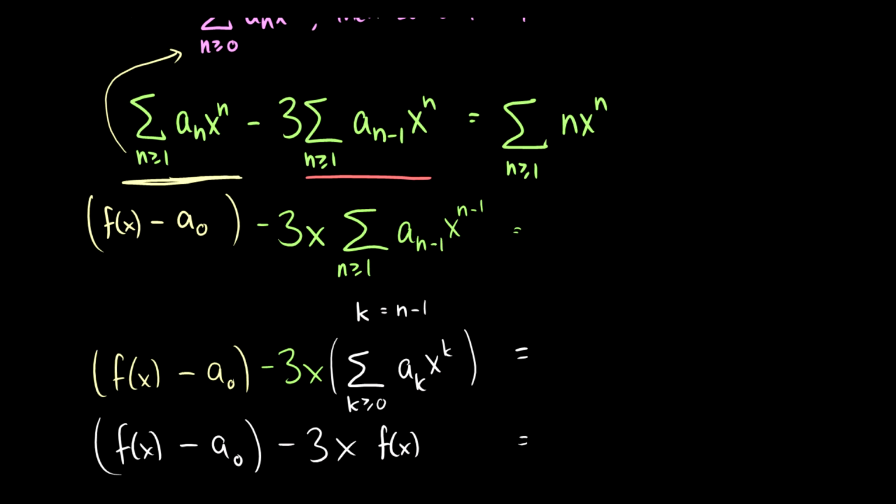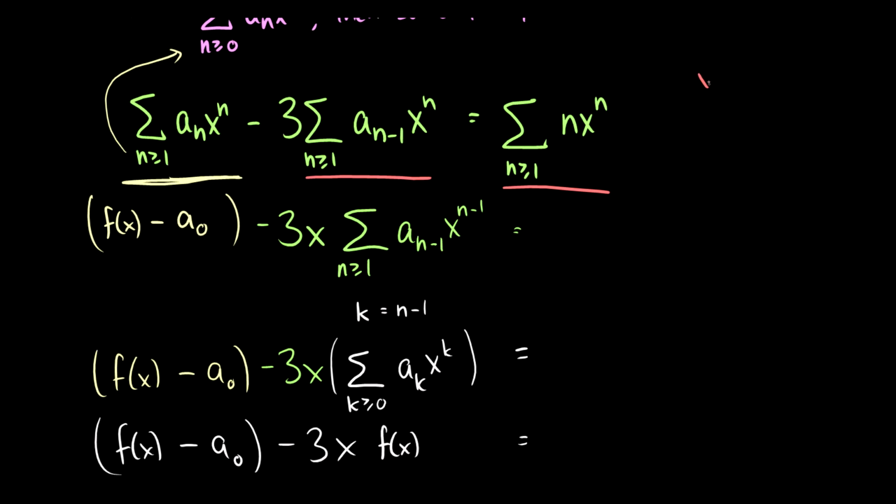So what is the right side? It's the sum over n greater or equal to 1 of n times x^n. Rather than trying to turn this into a power series, because it's pretty hard, we're just going to write out the generating function.